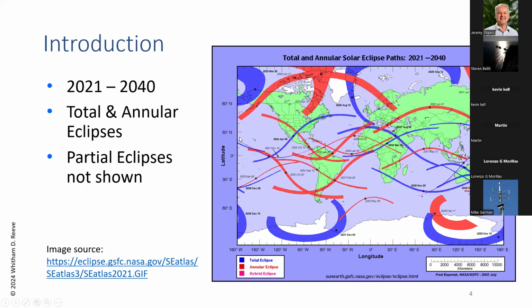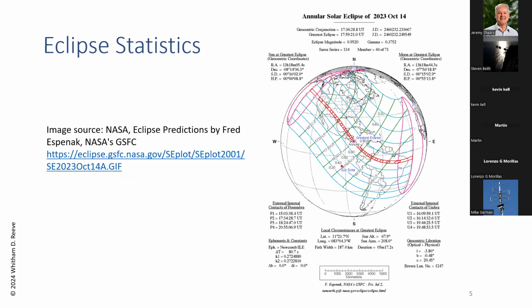This would be an extremely busy graph if it showed the 20-year period for every type of eclipse that there is. Now, this image here is produced by Fred Espenak, and Fred, I apologize if I mispronounced your name.